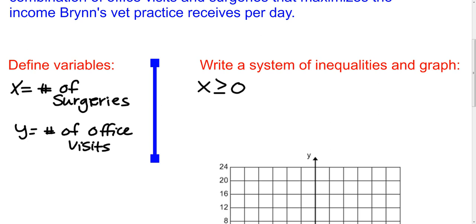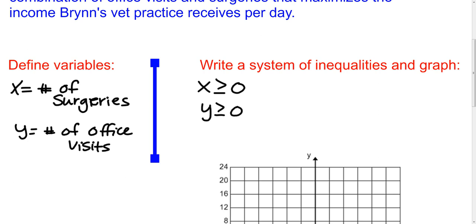I can do 0 surgeries, that's okay, and I can do more surgeries than that, but I certainly can't do any less. And same thing with office visits in this case, they have to be greater than or equal to 0. I can't have a negative number of office visits, and I will tell you those two inequalities will be written in 99.9% of every one of these linear programming problems that you're going to do. So on a quiz or a test, everybody should at least be able to get those two in there, okay?